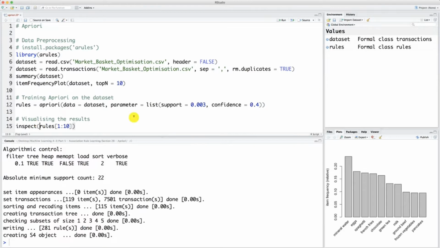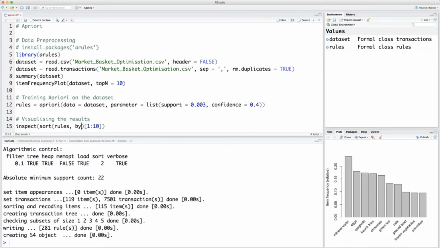We need to add another function here, which is the sort function, which obviously is used to sort any table by a decreasing or increasing variable. So actually the first argument of this sort function is rules that contains all the rules found by our apriori model. And then the second argument is by, which tells by what we want to sort the rules.